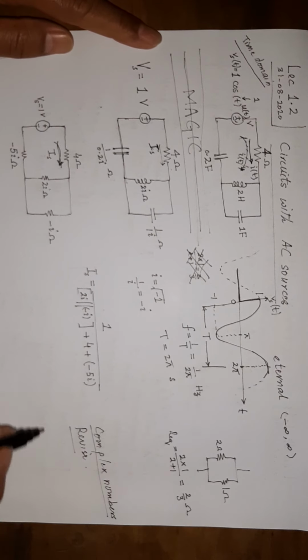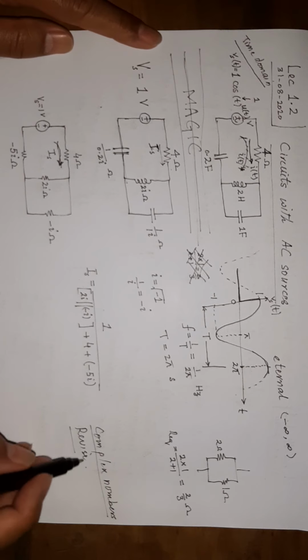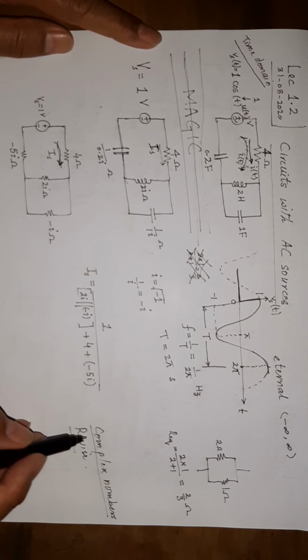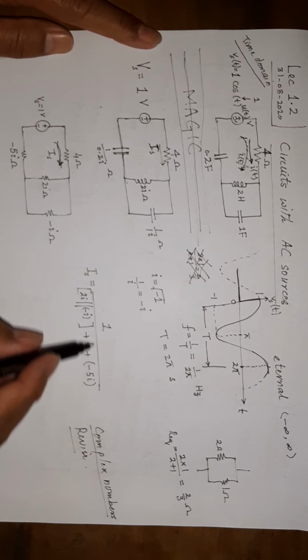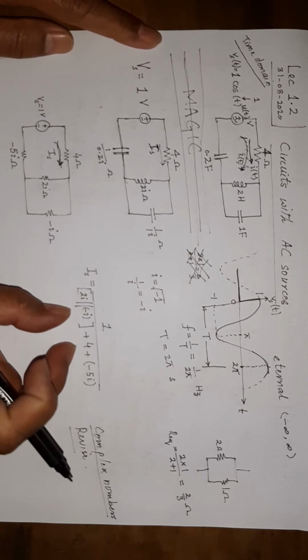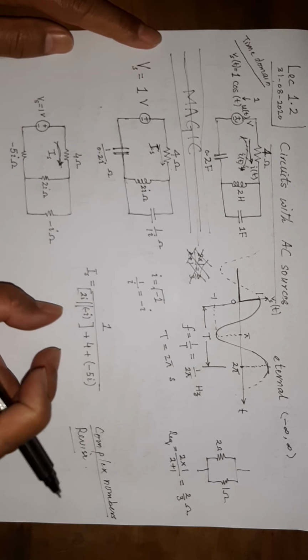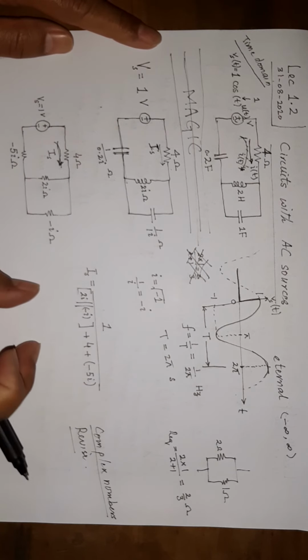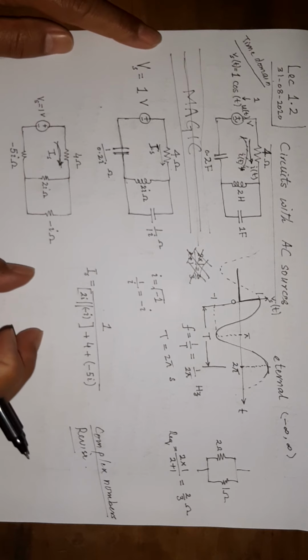But we need very few things to understand how to handle the complex numbers. So someone who is familiar with complex numbers and can use the calculator adequately for complex numbers can very easily solve this denominator term, and a resultant complex number will come here. So 1 divided by a complex number, if I can handle that, IS is going to be a complex number, and we are going to get that.